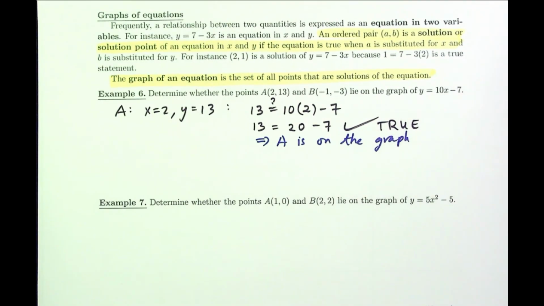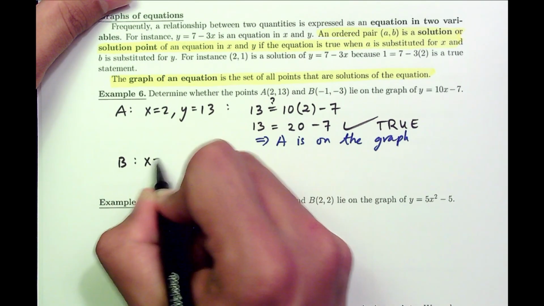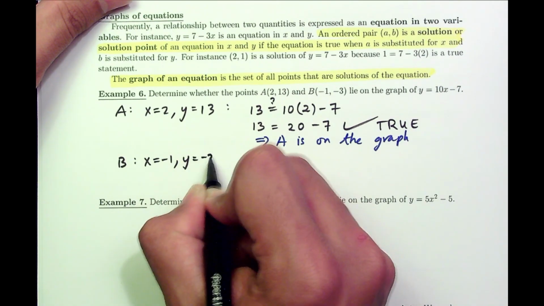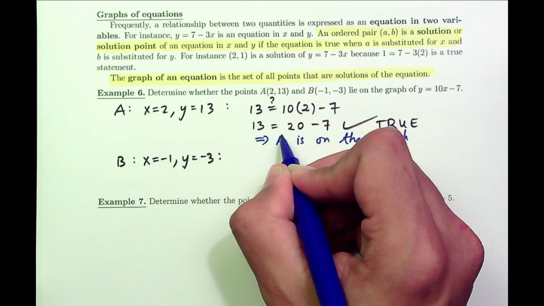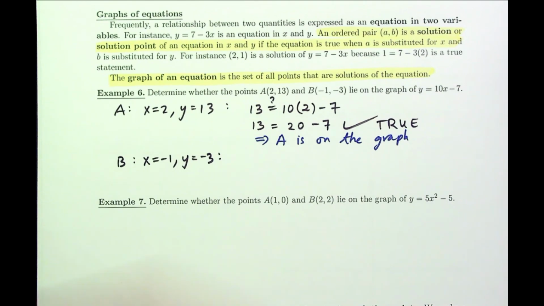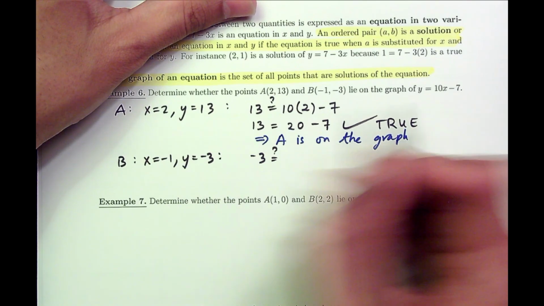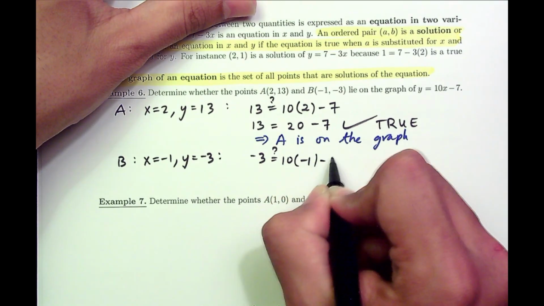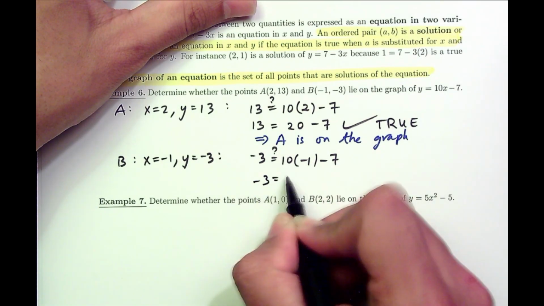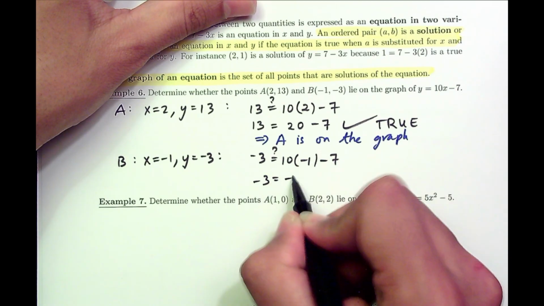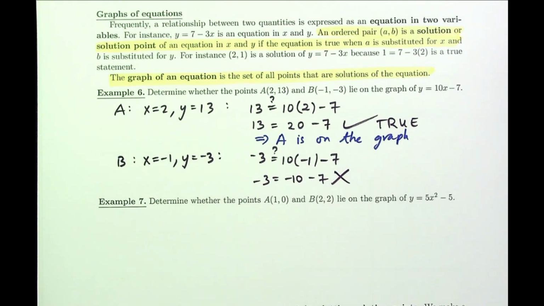And now let's do the same for B. Let's figure out whether B that has coordinates x equals -1 and y equals -3 is part of the graph. Let's see. So y equals -3, so we get -3. Is it true that -3 equals 10 times -1 minus 7? Well, it's not obvious, but if you simplify a little bit, this is -10 minus 7, and this right-hand side is -17, and that is not true.